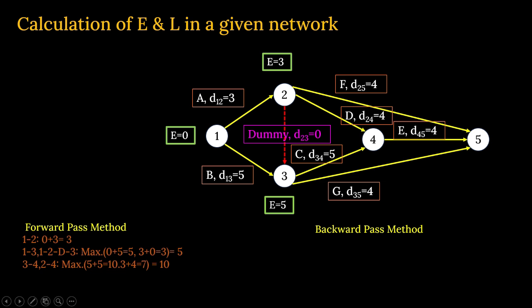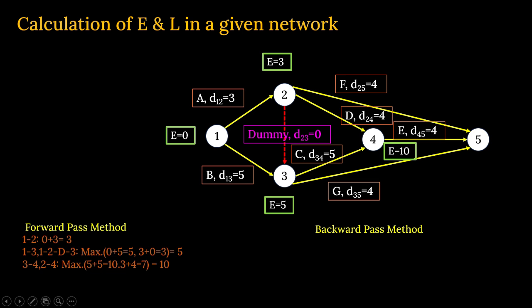Which one will be the maximum? Obviously 10. So at node number 4, the value of E will be 10. Clear? Very easy calculation.